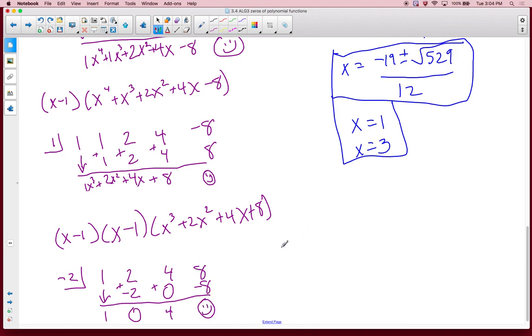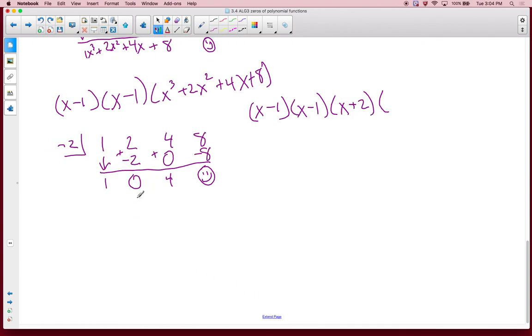That means now I have x minus 1 times x minus 1 times x plus 2 times what we just got here. My constant, linear is nothing, and then quadratic. So this came out to be x squared plus 4. So here is x squared plus 4, and then we're just about done.